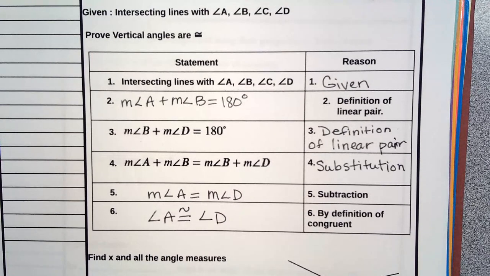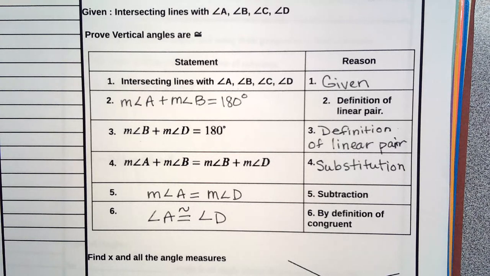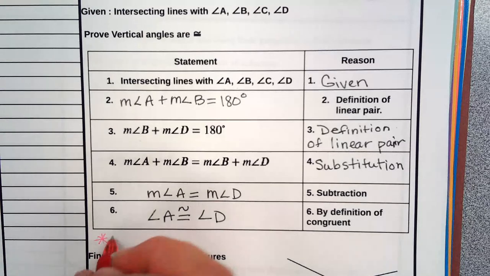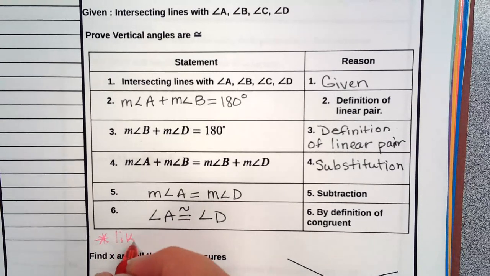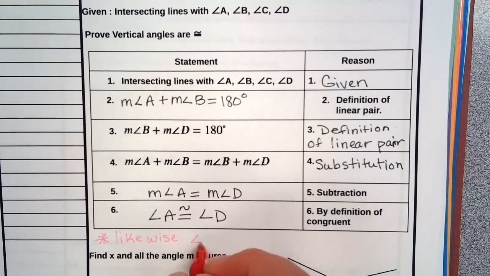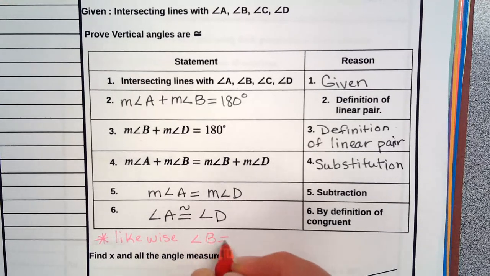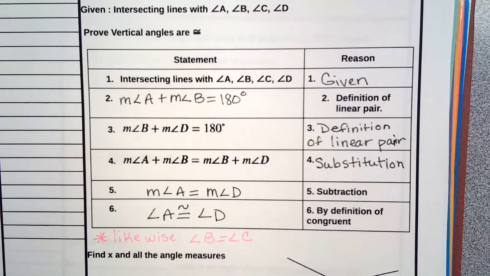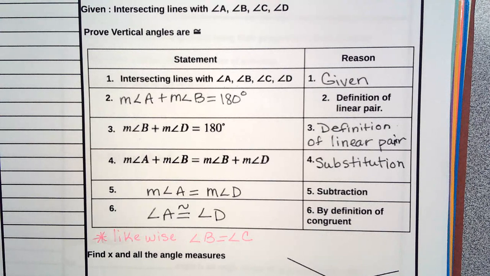Okay, now am I done? Well, technically yes, but you probably need to tell the reader likewise, angle B will be congruent to angle C. So we could go through and prove that again, and it would be the exact same proof.